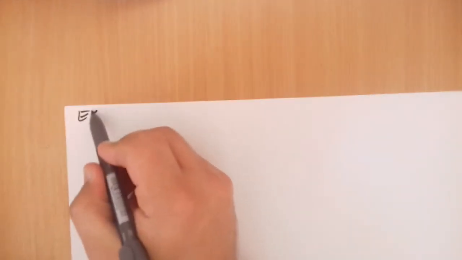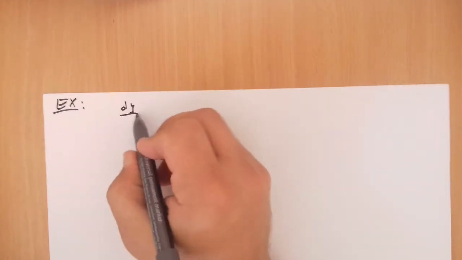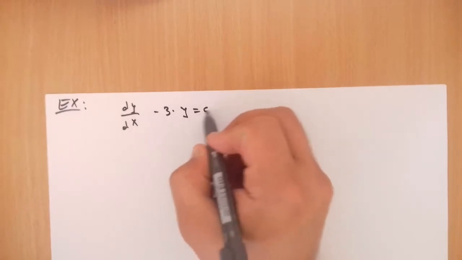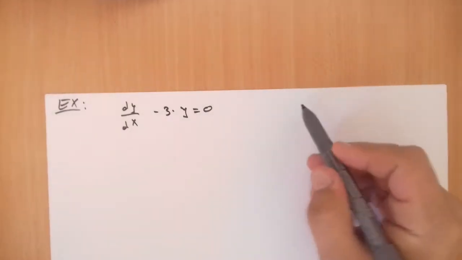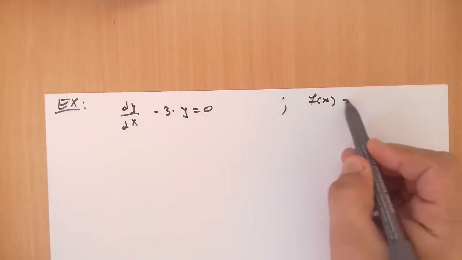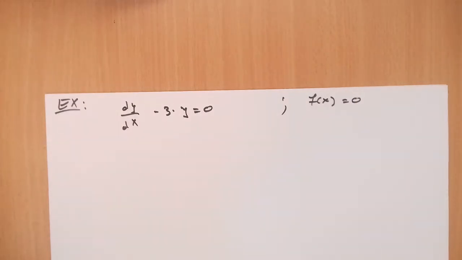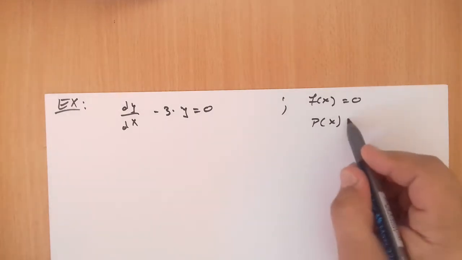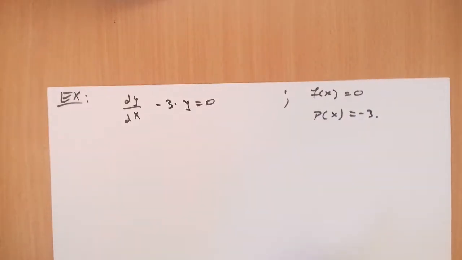For example, we can do dy by dx minus 3 times y, which is equal to 0. So f of x is 0. P of x is minus 3.